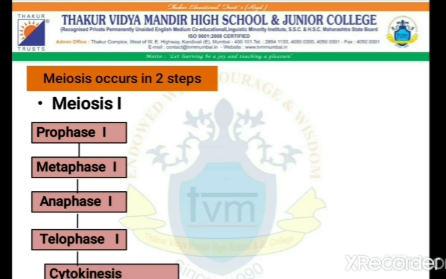These are the stages which are carried out in meiosis 1. Once the stage of cytokinesis comes, it moves on to the next stage called meiosis 2.